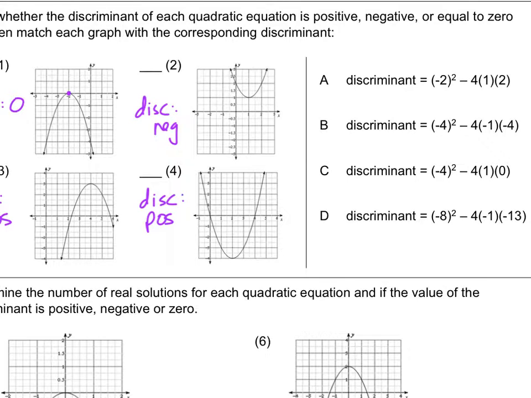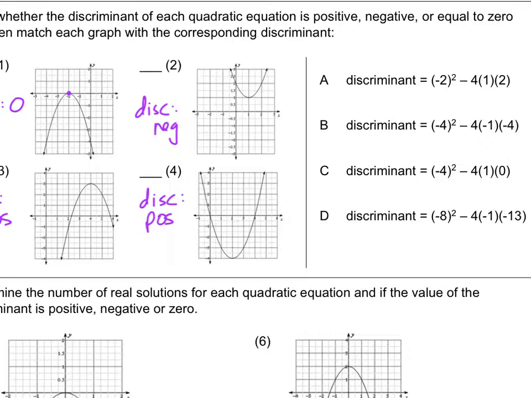All right, so a little bit of computation. So A, are we looking at a positive number or a negative number here, or something equal to 0? Because again, we don't care what the number is, we just care about what kind of number it is. Positive? Negative, right? Because it's 4 minus 8.